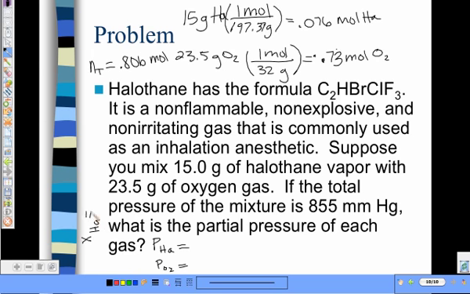So what is the mole fraction for halothane? 0.094. Okay, and then what about O2?